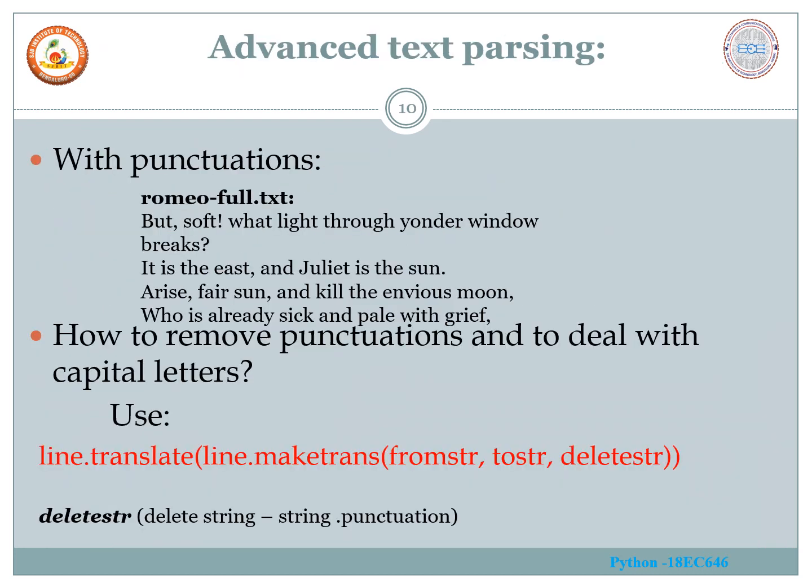Next, we talk about advanced text parsing. In the previous example, we made use of a text file called romeo.txt, which had no punctuation, if we remember.